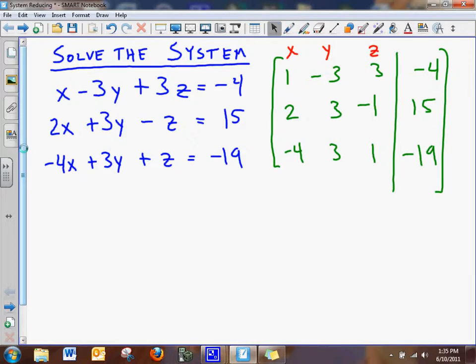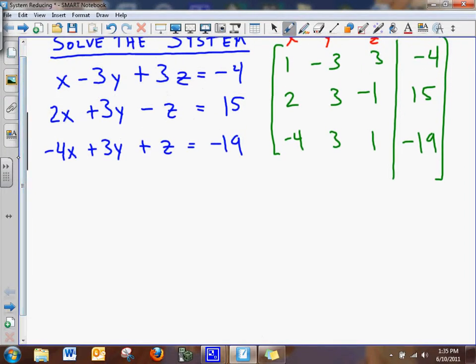You can always keep that in mind. So these are the x's, the y's, and the z's. Let's get going. All right, first step. First step, we want to make that number a 0. So what I'm going to do is take the first row, multiply it by 2, and subtract the second row, because 1 times 2 is 2, subtract the 2 gives me 0. Should really work on using the correct notation. 2 times row 1 minus row 2.